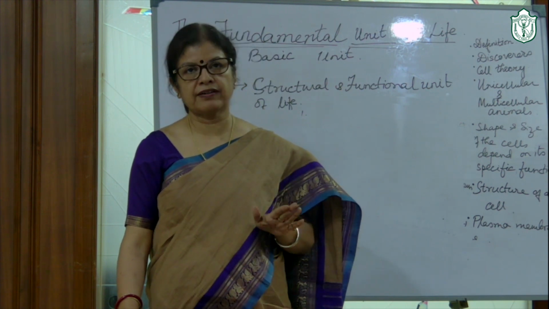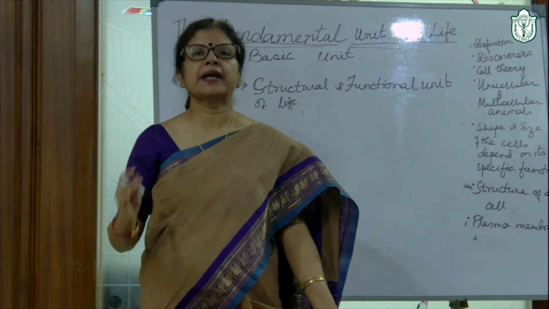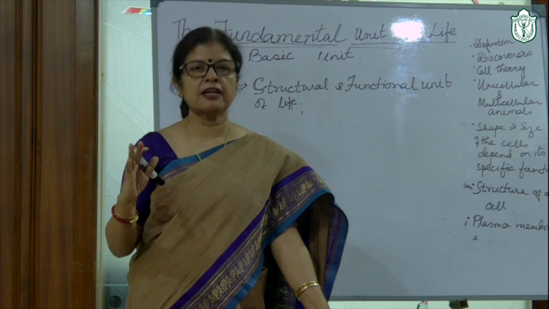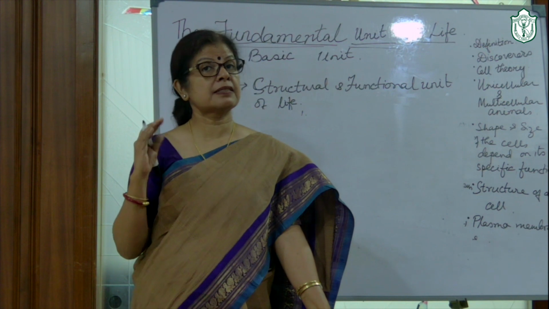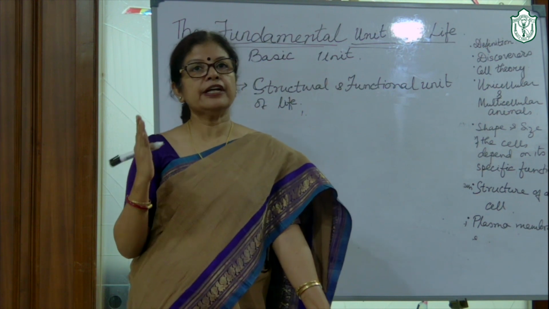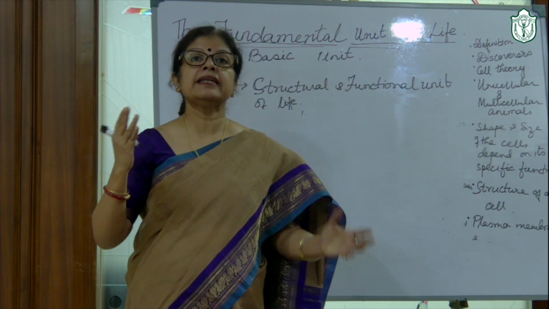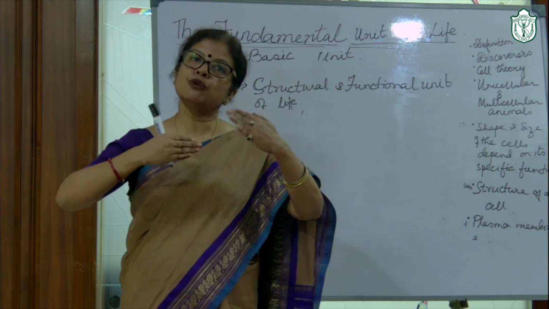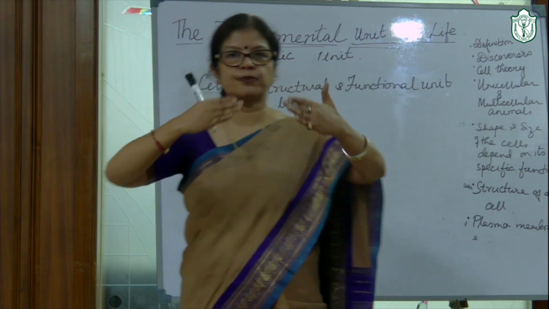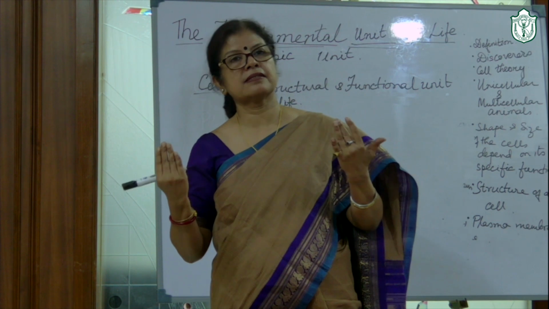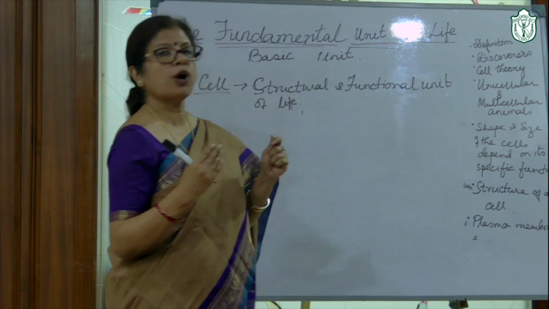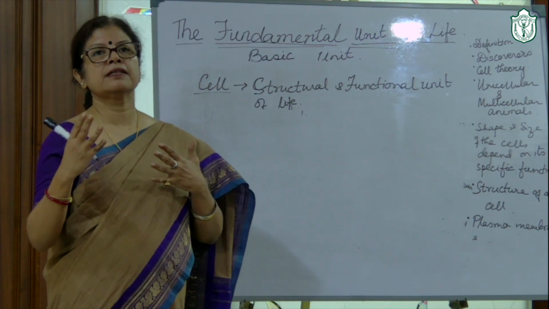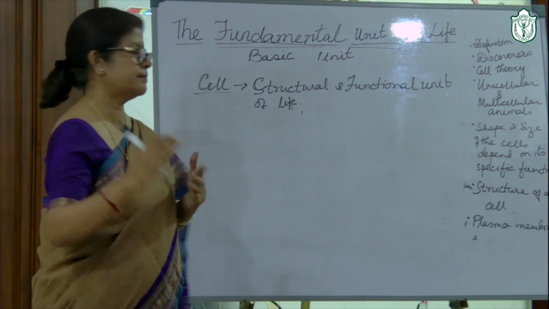So there are different mechanisms or ways for this transportation. In some transportation, you will find that they need energy to perform this function, and in some cases you will find very little energy is needed.